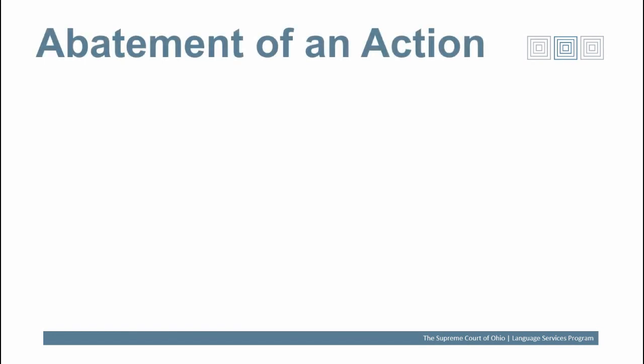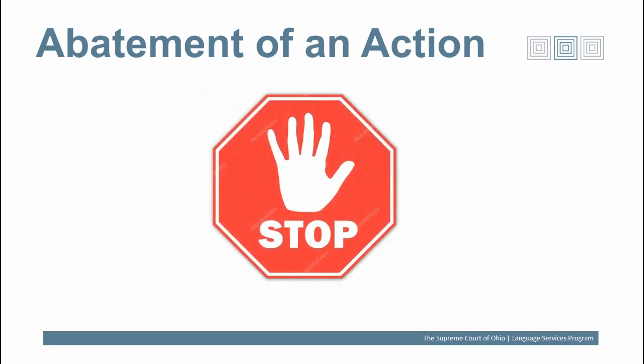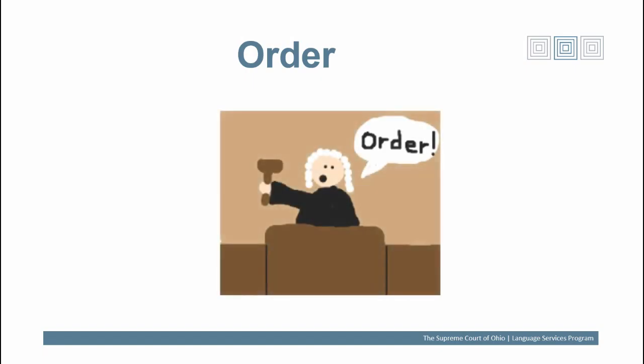The abatement of an action is a lawsuit which has been set aside and ended. Order. This is the direction of a court or judge normally made or entered in writing and not included in a judgment, which determines some point or directs some step in the proceedings.